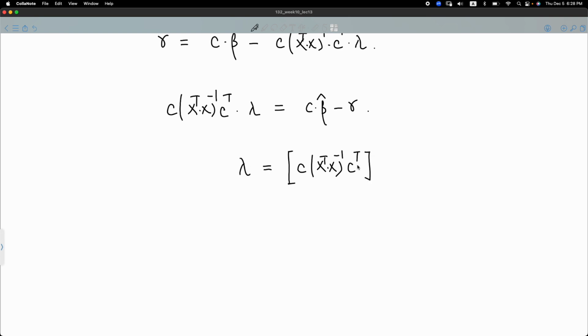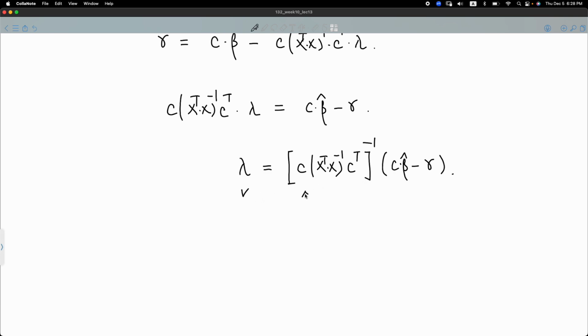So this is a matrix, so when you take the division on the right hand side, you need to use the matrix inverse instead of just putting in the denominator, because it's not a number anymore. And then c beta hat minus gamma. Okay, so at this stage we have a closed form solution for the Lagrange multiplier, lambda.